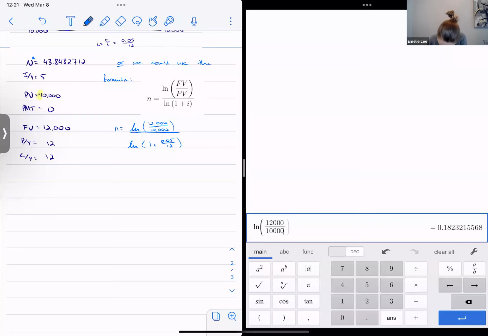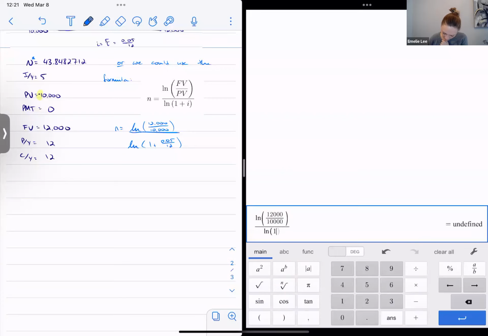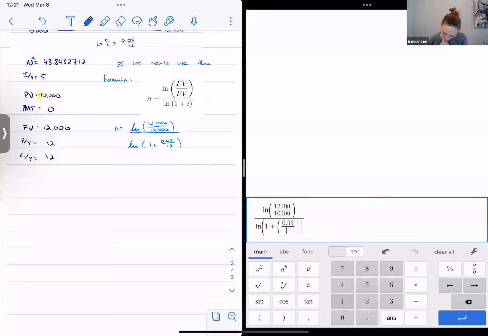Make sure you have enough zeros, or not too many, maybe. Divided by the natural log of 1 plus bracket 0.05 divided by 12. Close that bracket, and we get the same value, right?